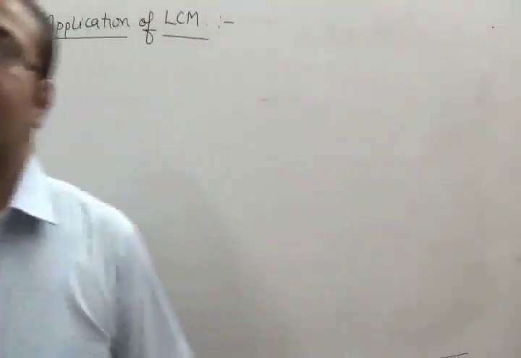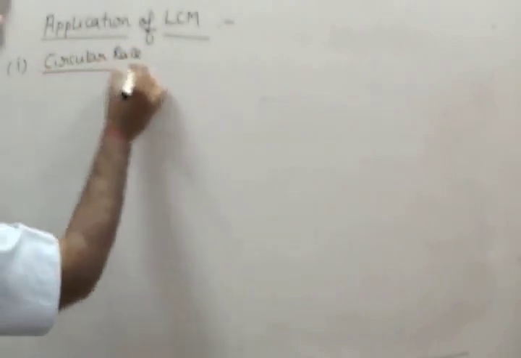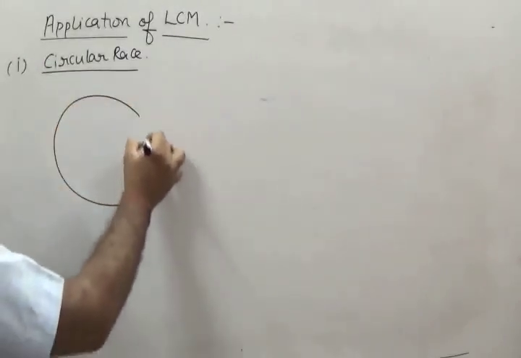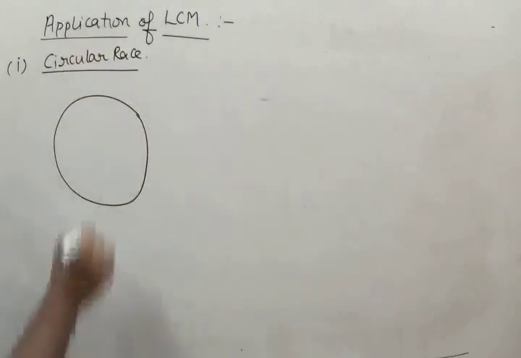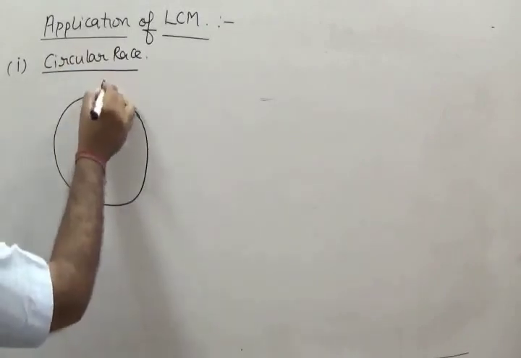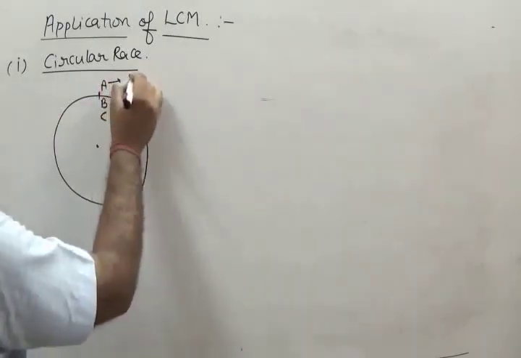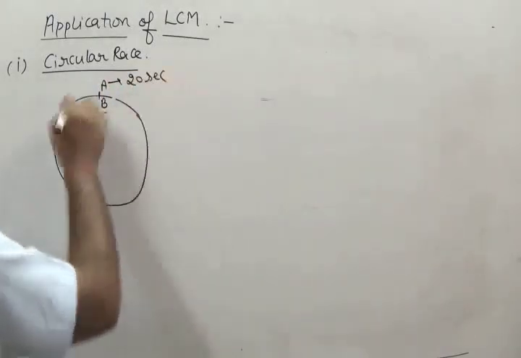Application of LCM. The first application of LCM is on the concept of circular race. Suppose few persons are participating in a race. A, B, C. A takes 20 seconds to take the complete round.